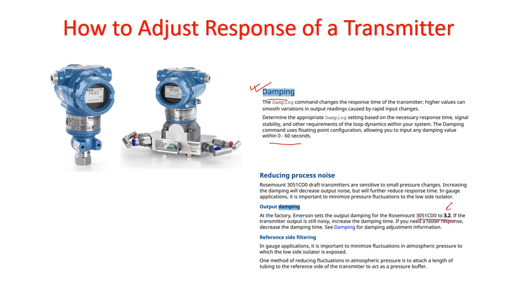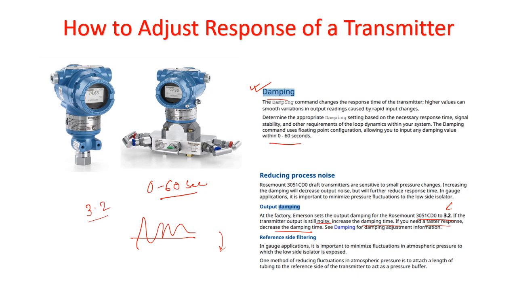But if the transmitter output is still noisy, increase the damping time. If you need a faster response, decrease the damping time. So if you want to smooth a sluggish or very noisy response, you need to increase the damping, but if you want faster output, you need to decrease the damping coefficient, right? As a default, it is normally set at 3.2 and the range is 0 to 60 seconds.